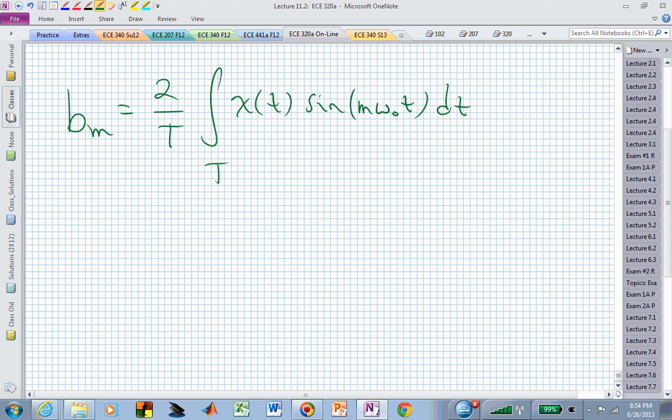That product actually gives us an odd function of time, which is going to integrate to 0. Let's do just a few more steps. We now have 2 over t integral from minus t over 4 to t over 4 of a sine of n omega naught t dt.